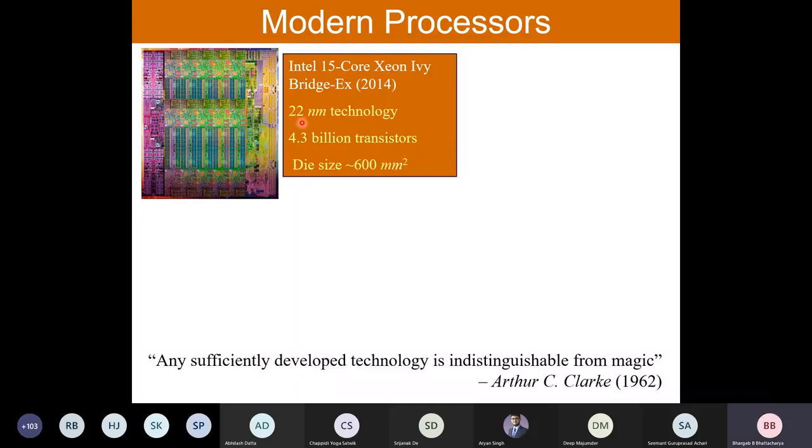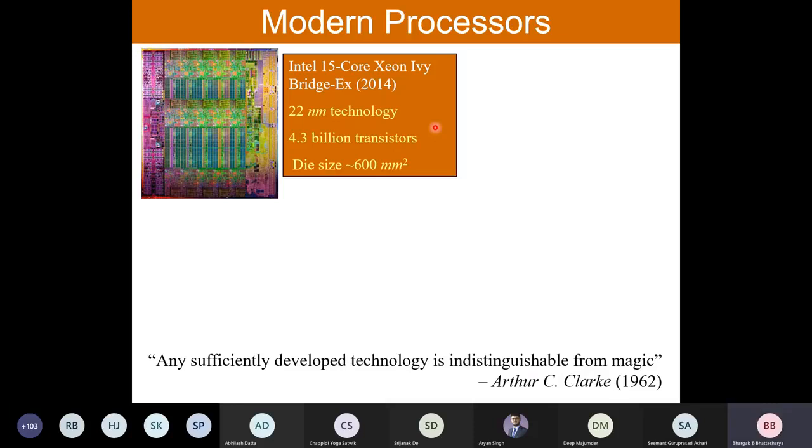And this is what is called the 22 nanometer technology. In IC, we often talk about this nanometer technology. 1 nanometer is 10 to the power minus 9, right? When you talk about nanometer technology, it means the feature size of transistors. As the technology progresses, it is possible to fabricate smaller and smaller transistors.